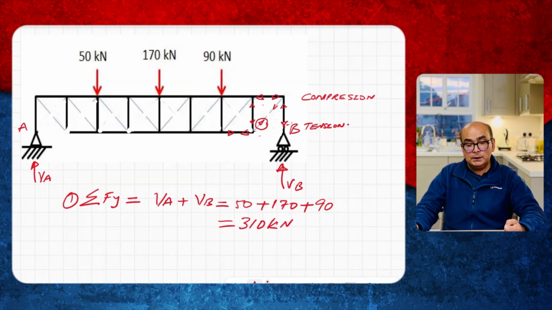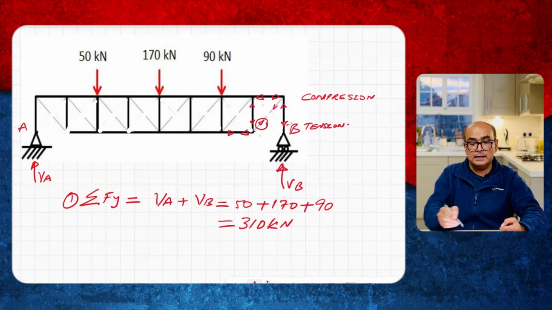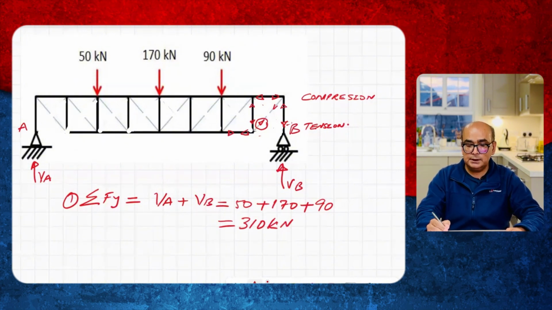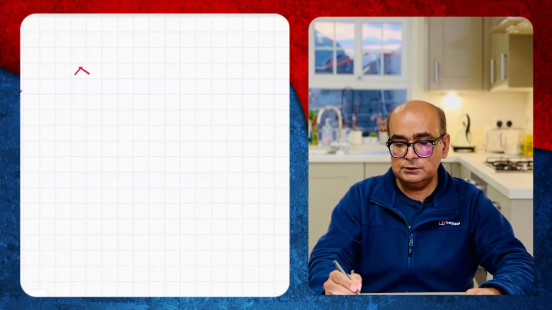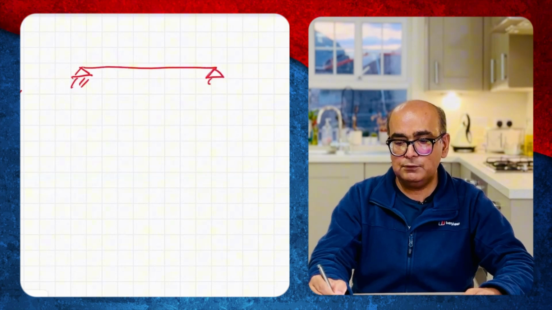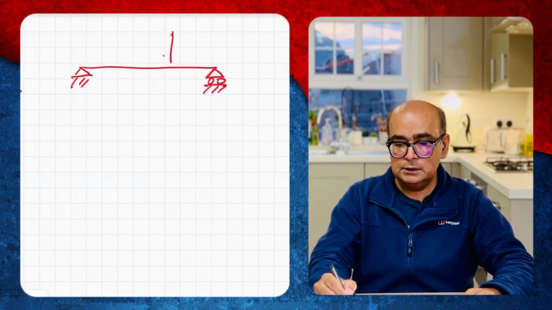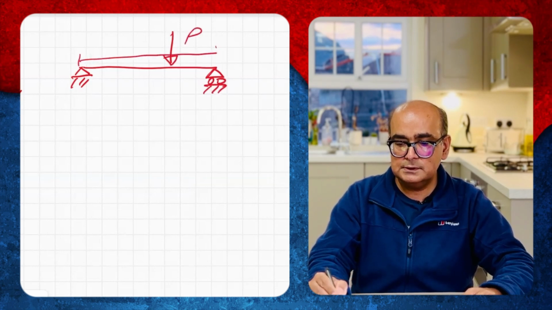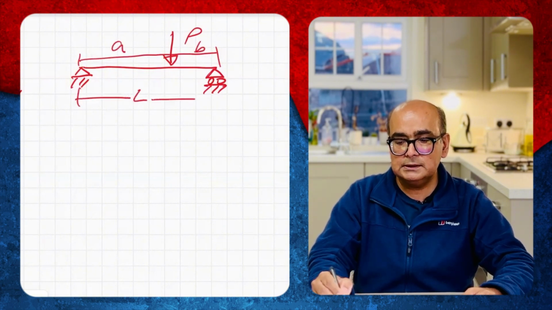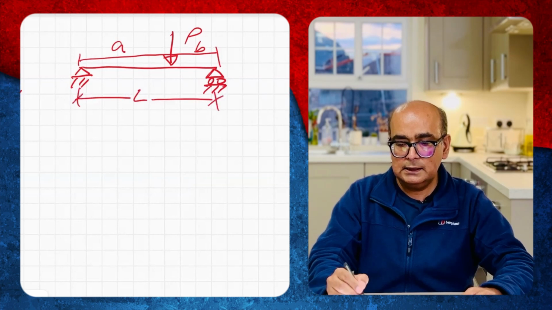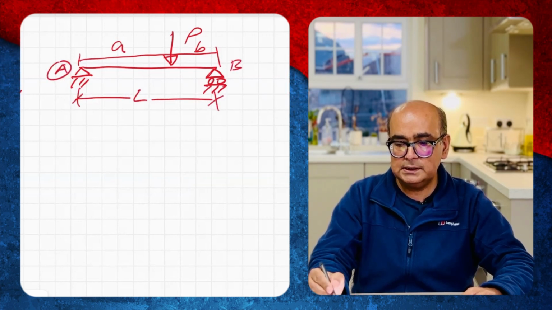The next thing, I will find out the reaction either at A or B. I will use a quick formula. The quick formula is that when you have loading, which is like this, and you have off-center point load, the load here is off-center. P, I call this distance A and I call this distance B. The overall length is L, and if this point is A, this point is B, we have VA and we have VB.